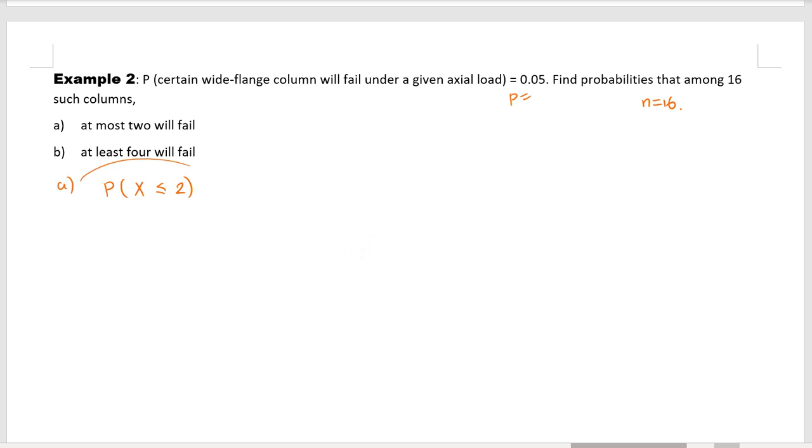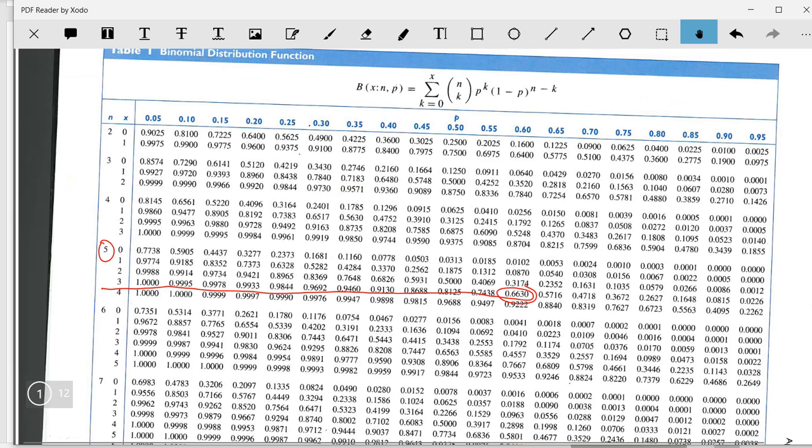Okay, what is this? Wow, this is exactly the CDF. So this is the CDF of 2, and then N is 16, p is 0.05. Okay, let's find our table.